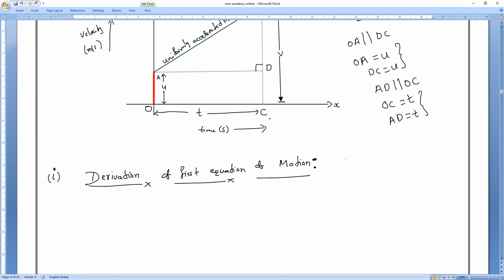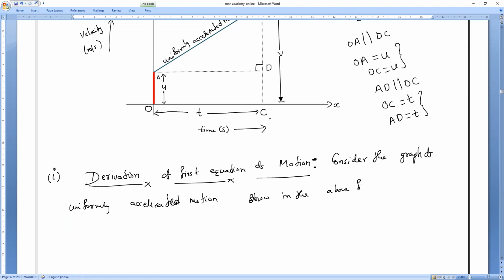Consider the graph of uniformly accelerated motion shown in the above figure.